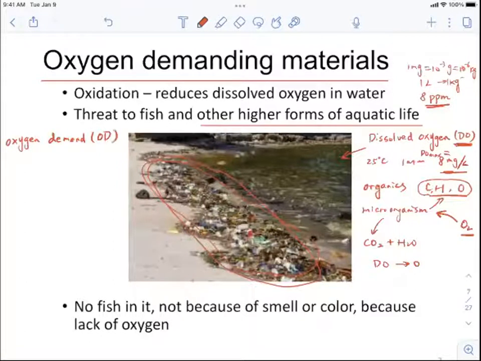So if the oxygen demand is too high, let's say if the OD is above 8 milligram per liter, then we may have a problem, because if the OD is higher than 8, we know that the maximum concentration of the dissolved oxygen is 8.